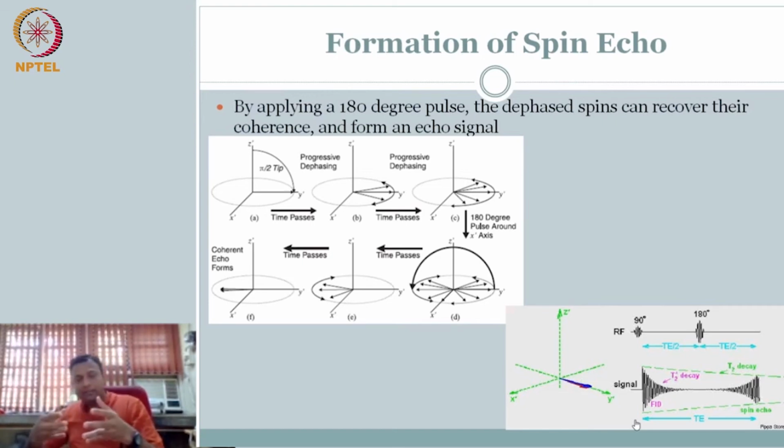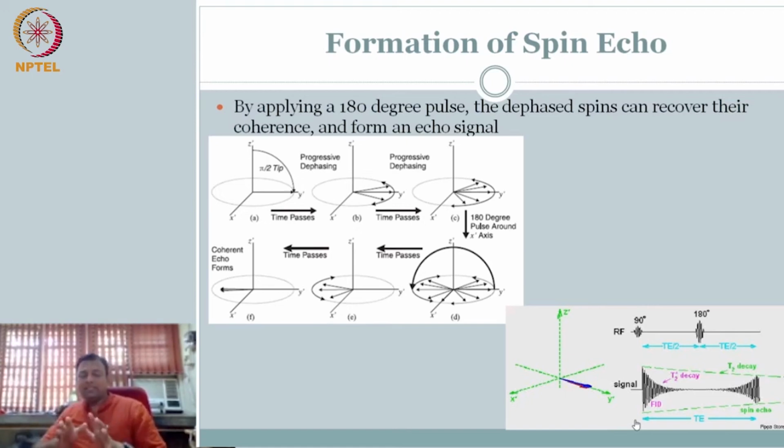Any of these characteristics of the tissue, I can manipulate the signal using the sequence of pulses that I am using. So this is what is called a pulse sequence. The pulse sequence can be manipulated to get whatever aspects, characteristics of the material property you want.